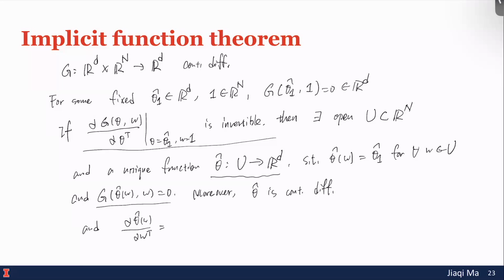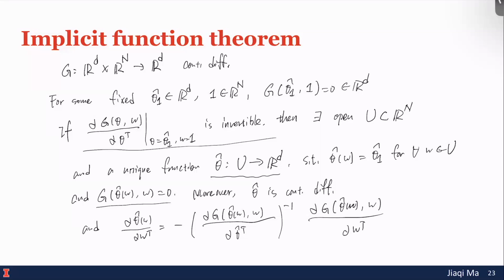This equals minus the inverse of the partial of G with respect to the first argument, times the partial of G with respect to the second argument.